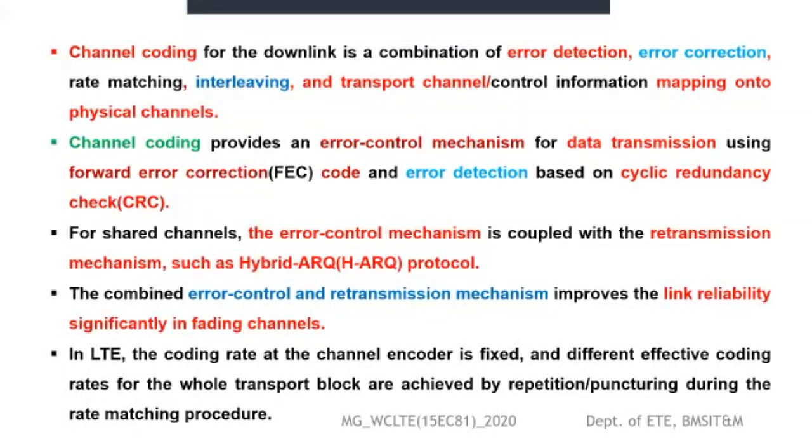We use a convolutional encoder with a coding rate of 1/3, and different coding rates for the whole transport block are achieved by repetition during the rate matching procedure. Rate matching is one procedure and channel coding is another. Let me elaborate on this in the coming slides.